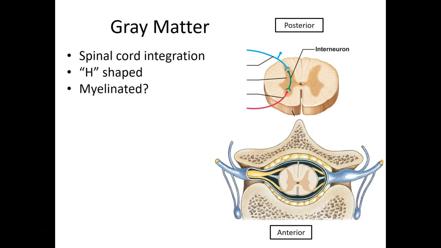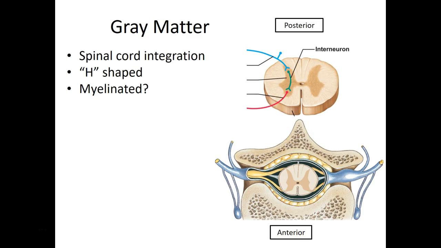The gray matter itself, remember where we're going to have synapses, is kind of H-shaped. I always think it kind of looks either butterfly or bat-shaped. And so here we talked about that this area, since it's gray matter, is not myelinated. And we know, like we just spent some time talking about, it is where we have information being passed from one neuron to another.